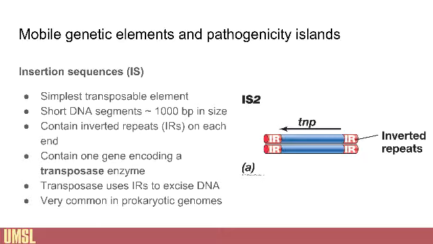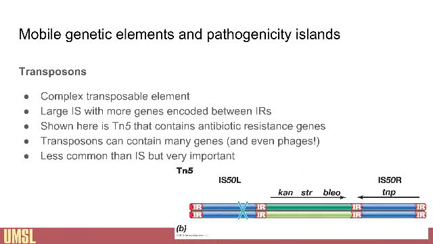They encode a transposase enzyme, and transposase binds to these inverted repeats on either side of it and induces catalytic excision of that piece of DNA and reinsertion of that piece of DNA somewhere else, random in the host gene, or onto a newly acquired plasmid.